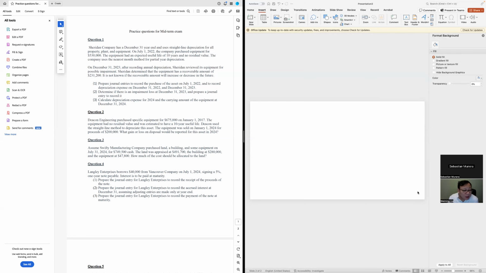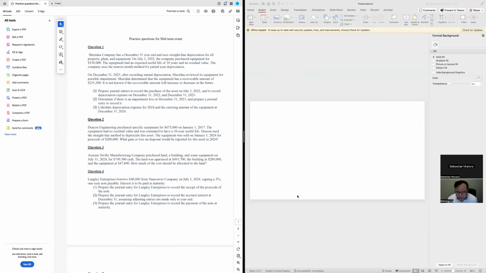And the second one is to determine if there is an impairment loss on December 31st, 2023, and prepare a journal entry to record it.